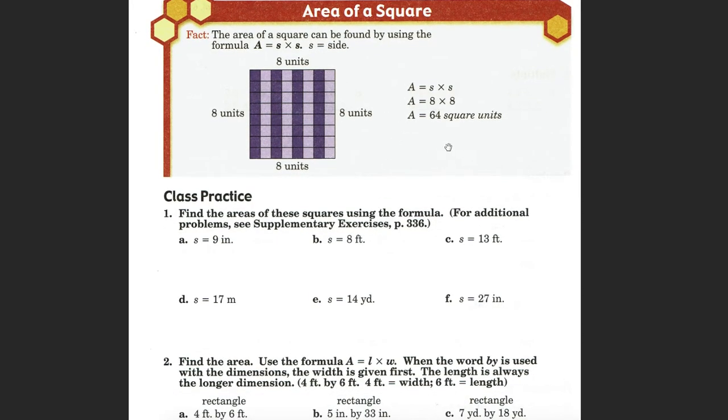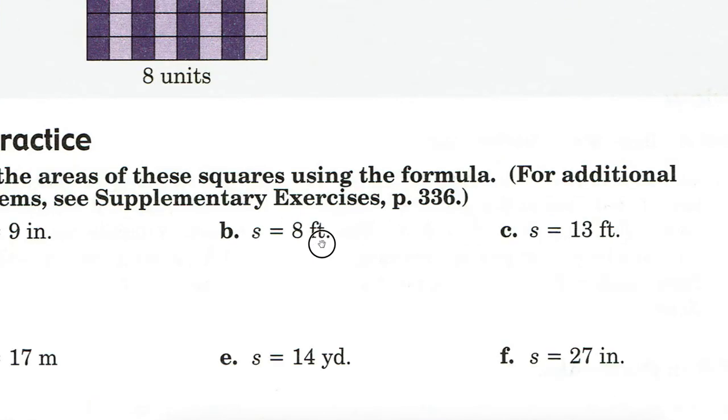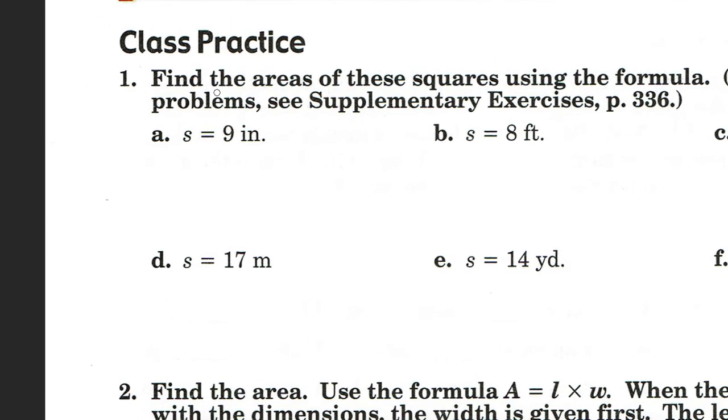Number 1 says find the areas of these squares using the formula. We'll do the first one together. S equals 9 inches. What's the area of the square? Write the formula down.